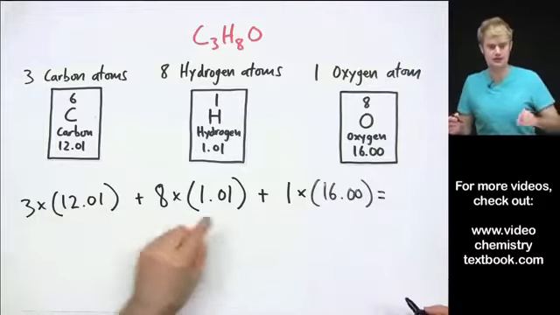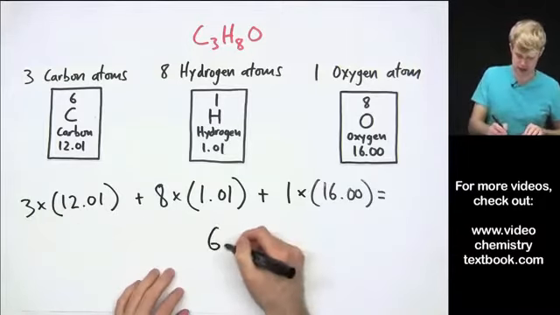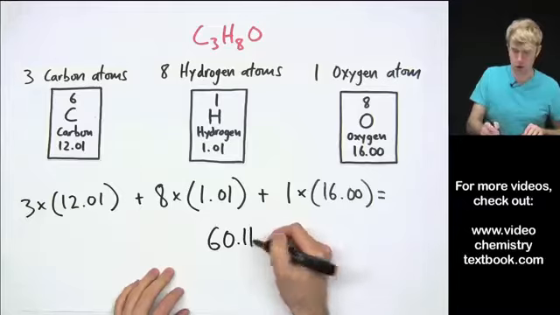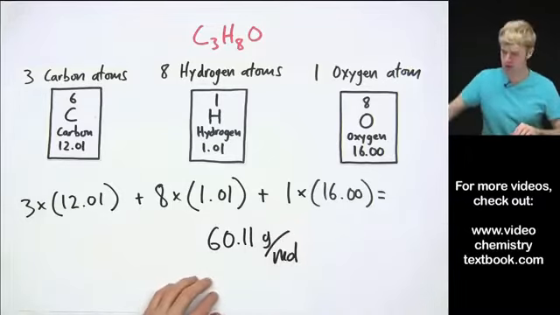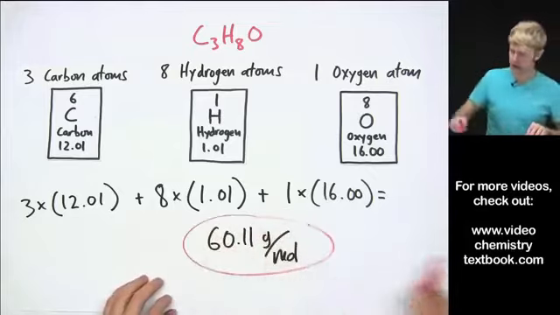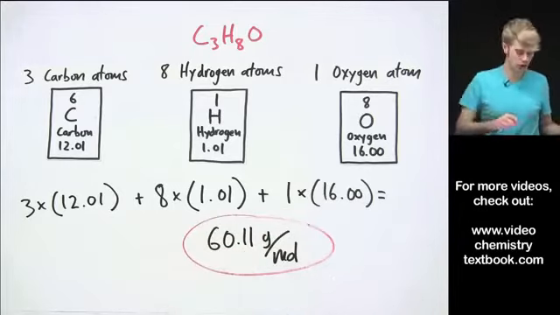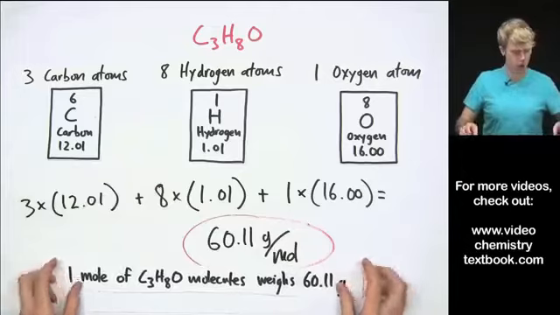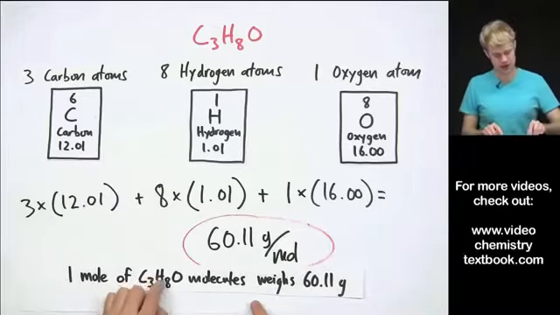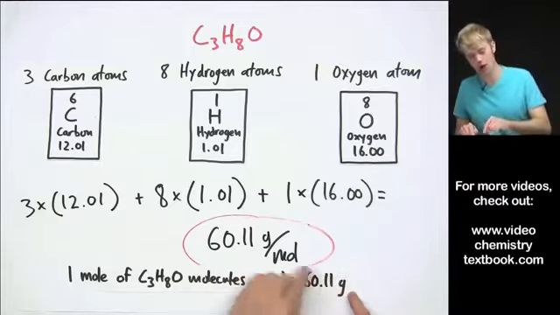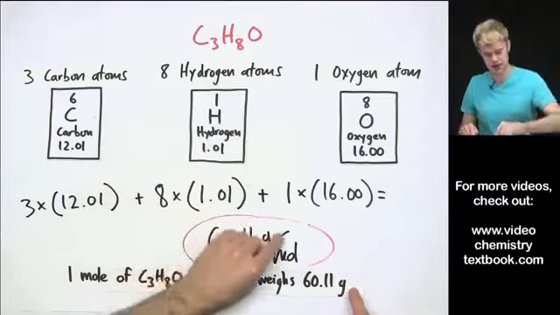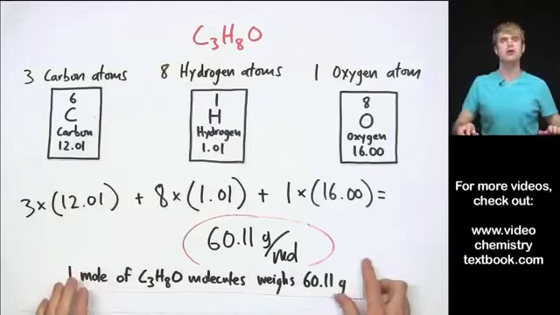Multiply these and add them together, and we get 60.11. Don't forget the units, grams per mole. And once again, this grams per mole here means that 1 mole of C3H8O weighs 60.11 grams. This is the amount of grams that a mole of this weighs.